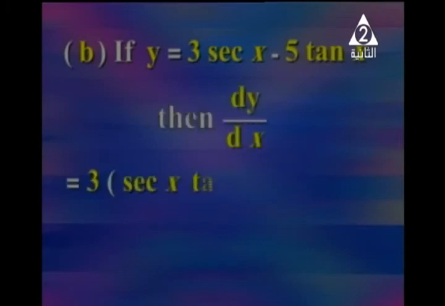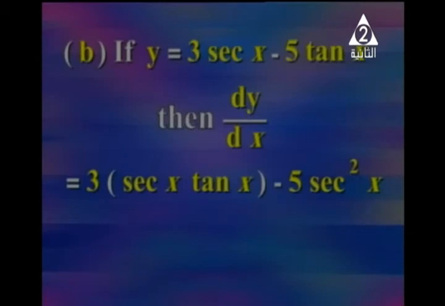Number B: if y equals 3 sec x minus 5 tan x, what is dy/dx? What is the differentiation of sec? Sec tan. The differentiation of sec x equals sec x tan x. The differentiation of tan is sec squared.